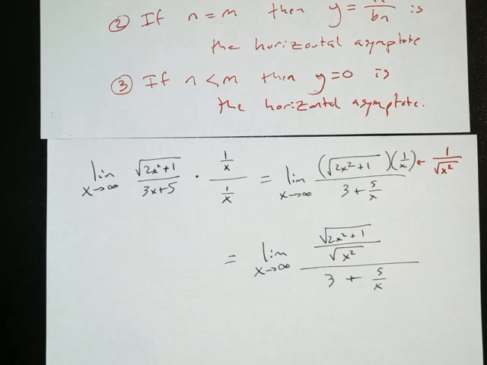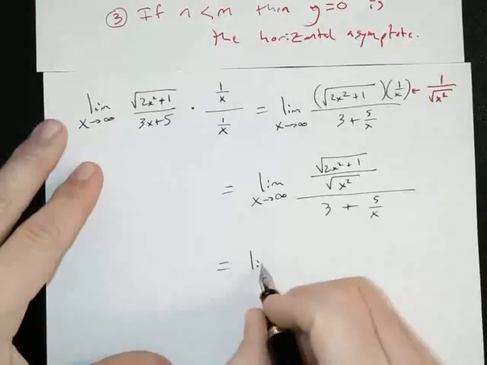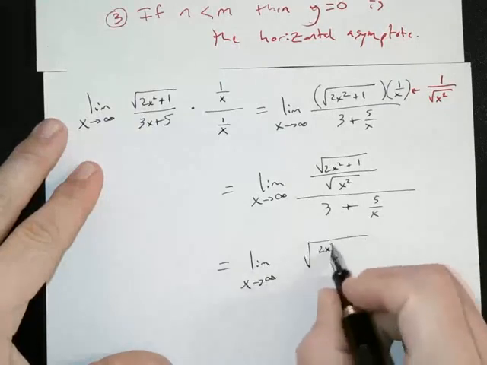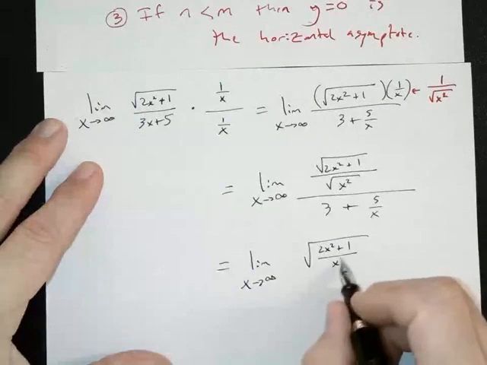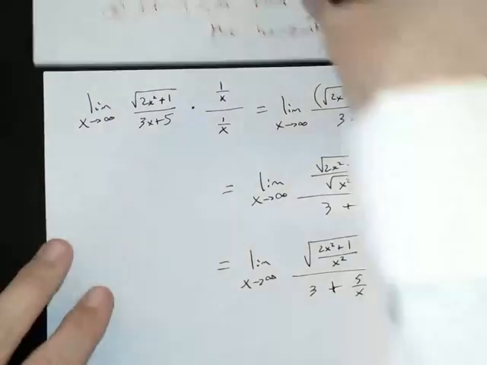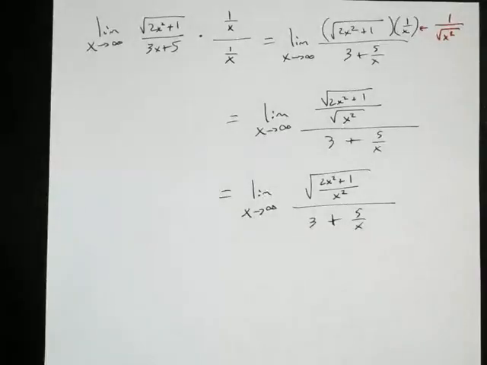If I'm taking the square root of the top and the square root of the bottom separately, I could take the square root and regroup. And I could make that a single square root. Oh, I like it.